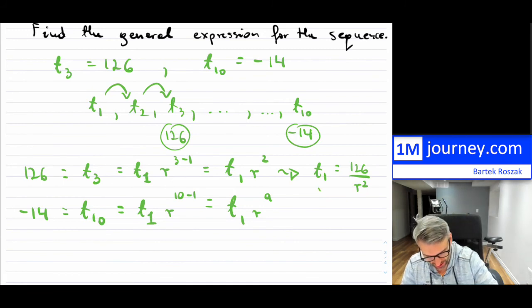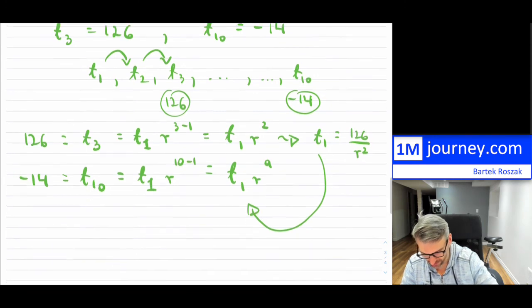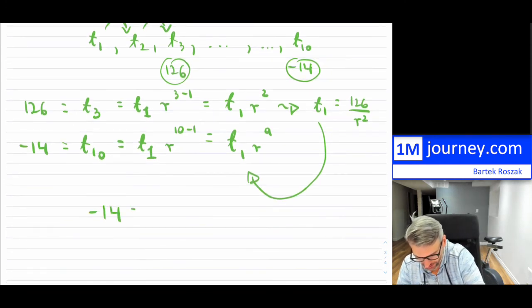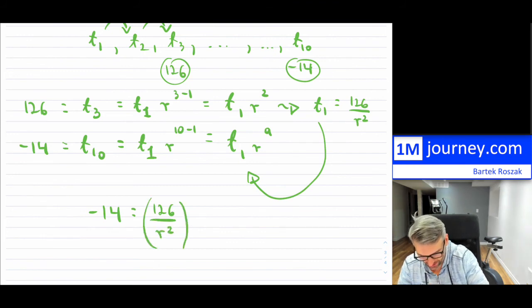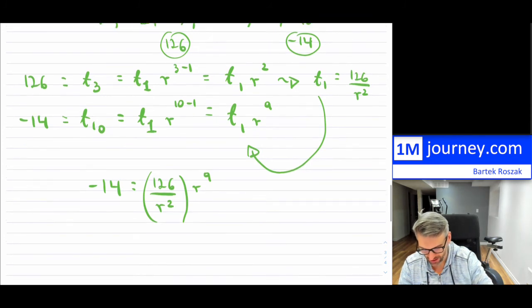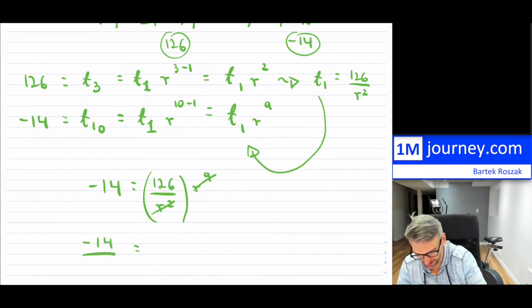Now we're going to substitute that in here, and we get negative 14 is equal to 126 divided by R squared, times R to the 9. Simplifying this, just exponents, we get negative 14 over 126 is equal to R to the 7.